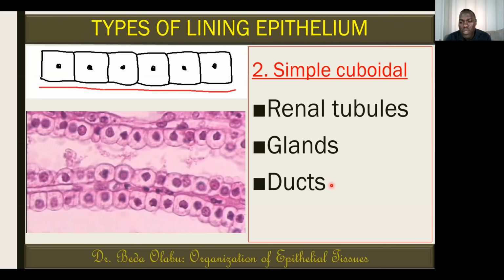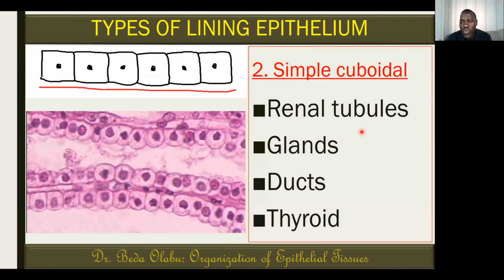Simple cuboidal epithelium is also found in ducts of exocrine glands. The ducts of exocrine glands. And lastly, we also find it in the thyroid gland. Now you realize that the last three are largely revolving around glands.